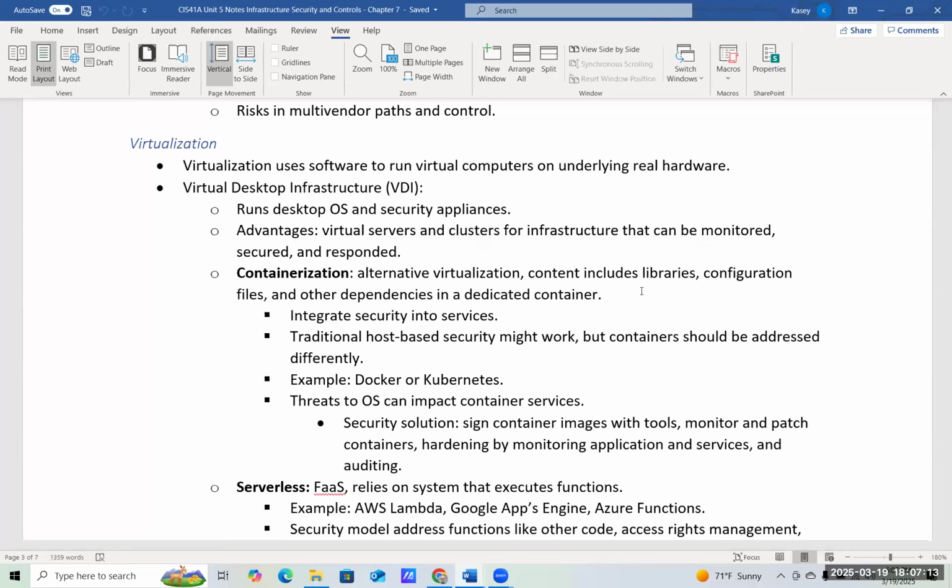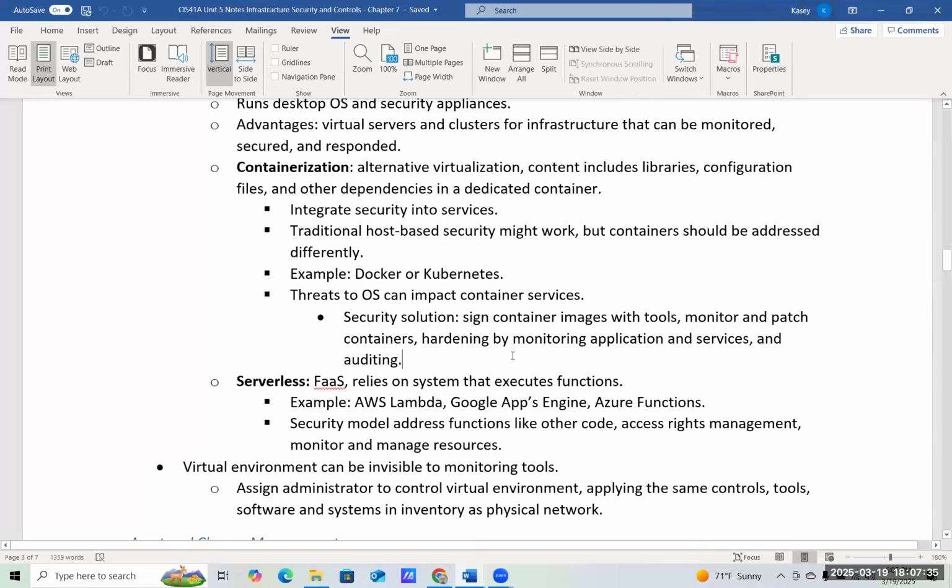So if you have threats that are impacting the operating system, it would impact the container services. So how can we control the security for the container? You got to make sure that you have signed container images with the tools. And with that, it would have to have some form of trust or some kind of validation for the tools.